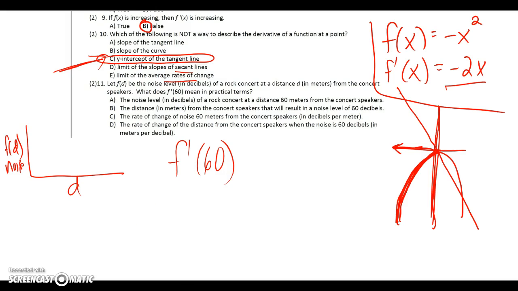The derivative is the rate of change. So it's the rate of change of noise 60 meters from the concert speakers. Because the input here is distance, right? That's 60 meters. And this is the rate of change of the noise.